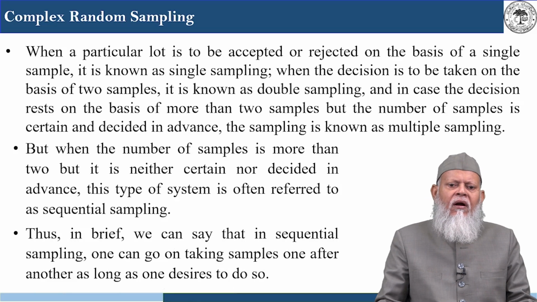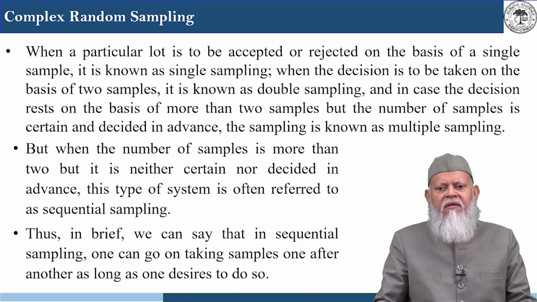When a particular lot is to be accepted or rejected on the basis of a single sample, it is known as single sampling. When the decision is to be taken on the basis of two samples, it is known as double sampling. And in case the decision rests on more than two samples, but the number of samples is certain and decided in advance, the sampling is known as multiple sampling.